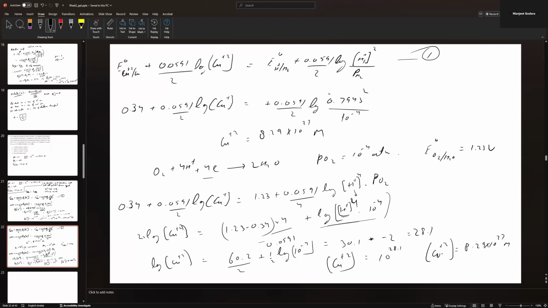Second part: 10 to the power minus 4 to the power 4 into 10 to the power minus 4 is 10 to the power minus 20. This would become 30 minus 20, so 10, then H+ ion concentration.